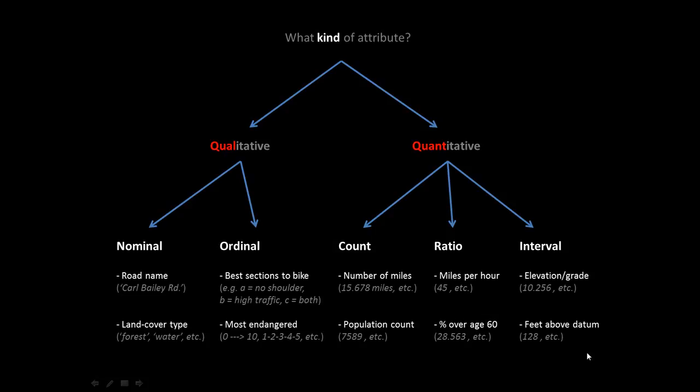For instance, 0 degrees Celsius is 32 degrees on the Fahrenheit scale. So I think it's important to distinguish the difference between interval and ratio, because 0 means something different in this number system than it does in the ratio way of recording data.